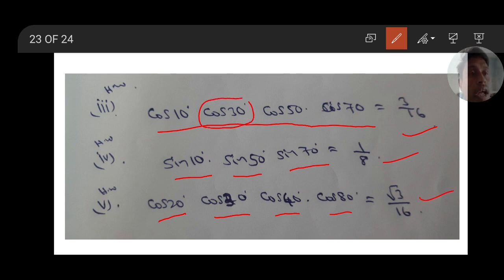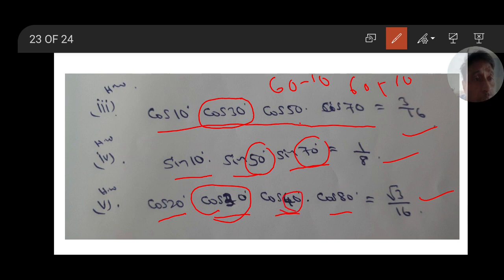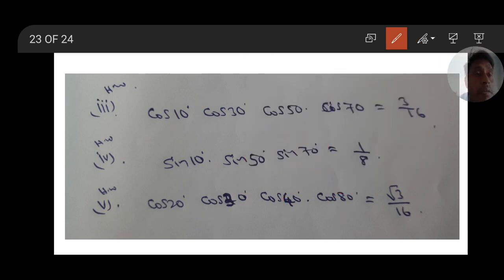Here cos 30 value we know, cos 30 is root 3 by 2. Remaining, 50 can be written as 60 minus 10, 70 can be written as 60 plus 10. And here also 40 means 60 minus 20, 80 means 60 plus 20. Okay. Do the homework problems.